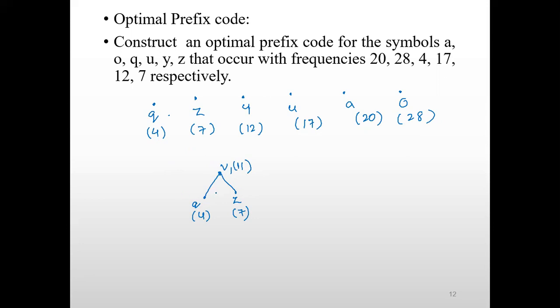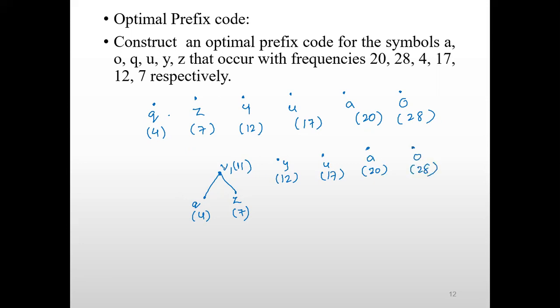And again, at the same step we need to arrange them in ascending order. Here 11 is the minimum value, so it will be retained as usual. So Y with the weight 12, U 17, A 20, O 28.